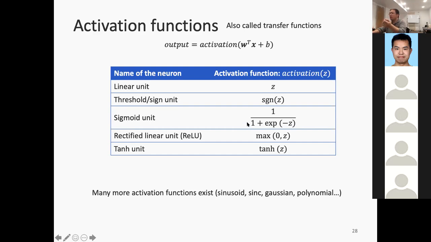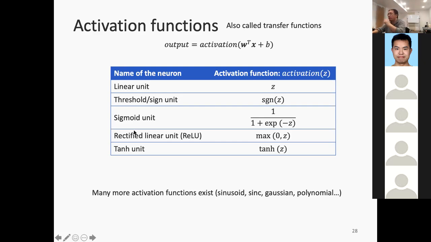Because the exponential of this number is always non-negative, 1 over 1 plus some non-negative number will always be less than or equal to 1 and greater than or equal to 0. So the benefit of sigmoid is that it squeezes the signal to ensure that it will be between 0 and 1. You won't propagate your signals to make them larger and larger, and then have some numerical error appear, right?